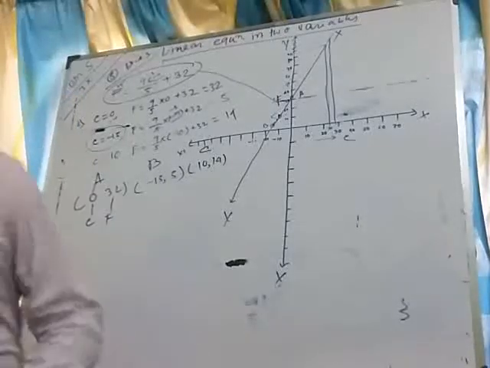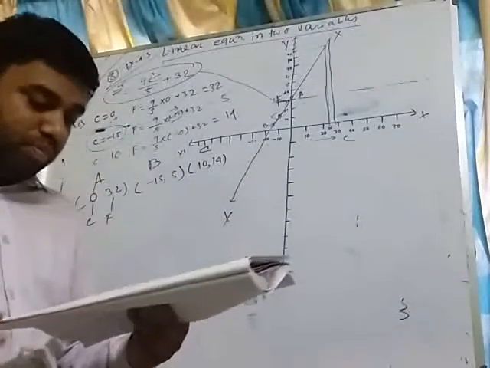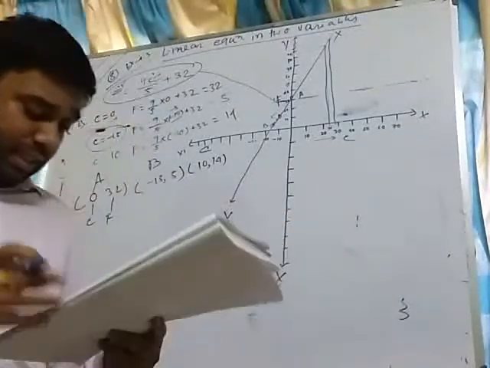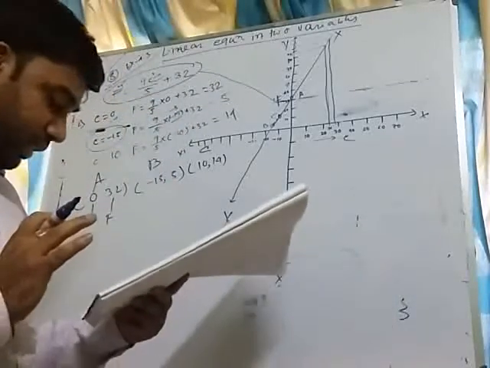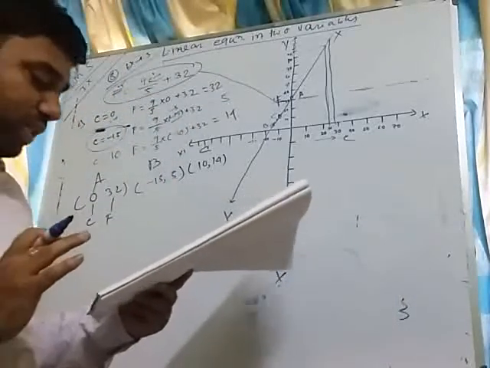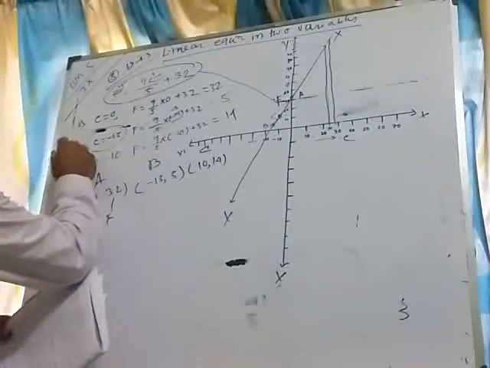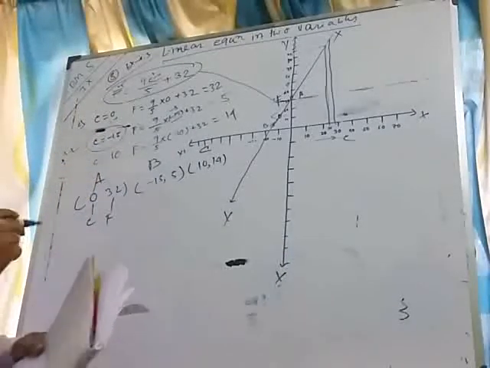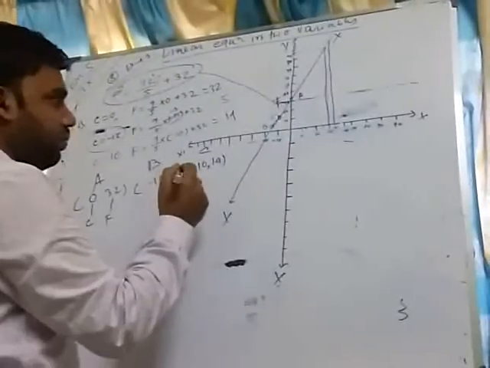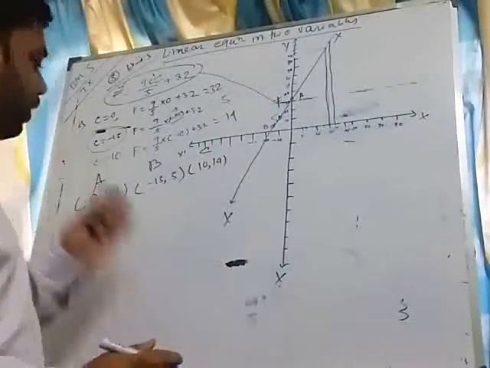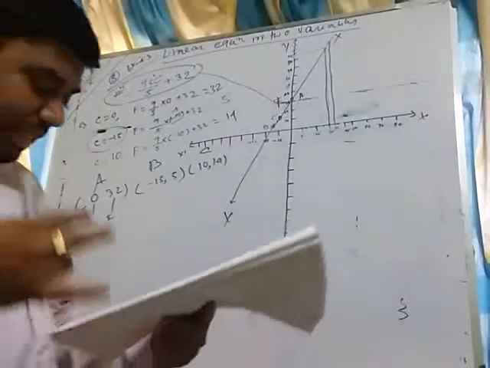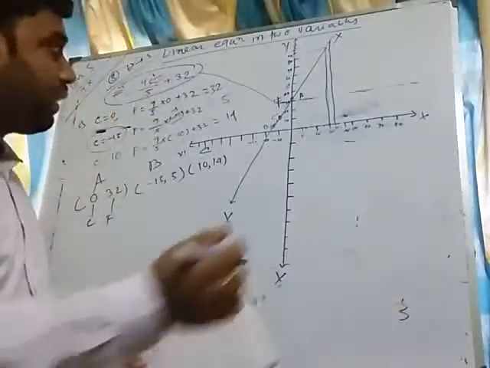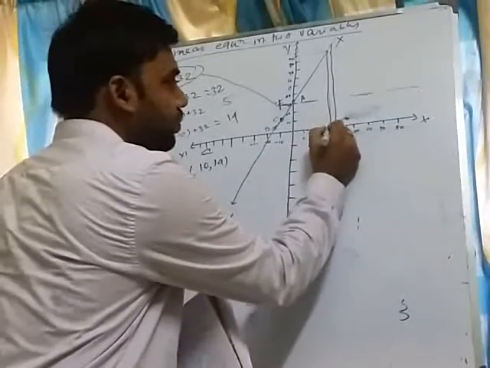The first question is to draw the graph. Sorry, that has been solved. The next: the temperature is 30 degrees Celsius, what is the temperature in Fahrenheit? So if the temperature is 30 degrees Celsius, 30 means that point.